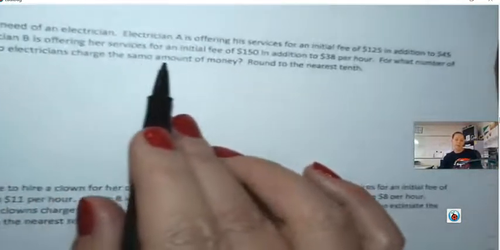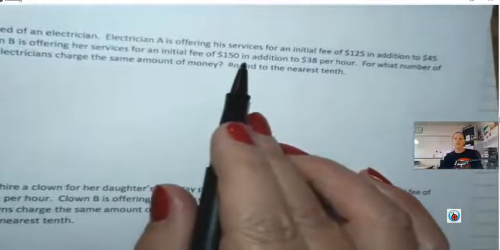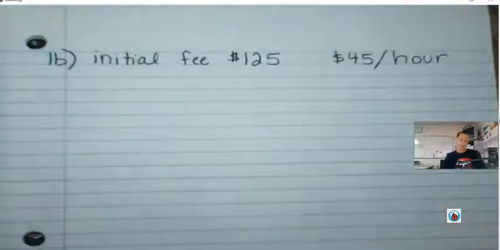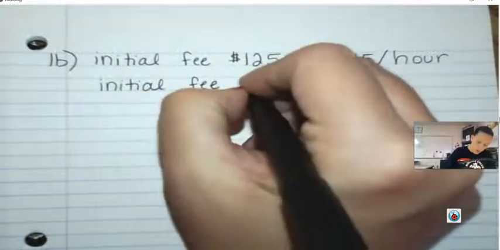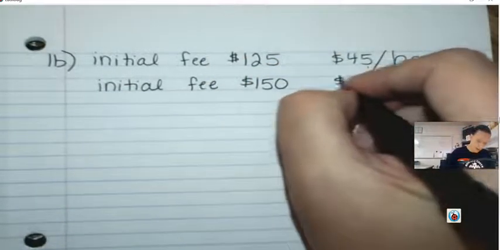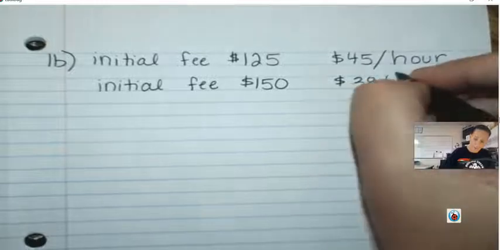Electrician B is offering her services for an initial fee of $150 in addition to $38 per hour. So the other electrician is $150 for an initial charge, plus they charge $38 an hour.